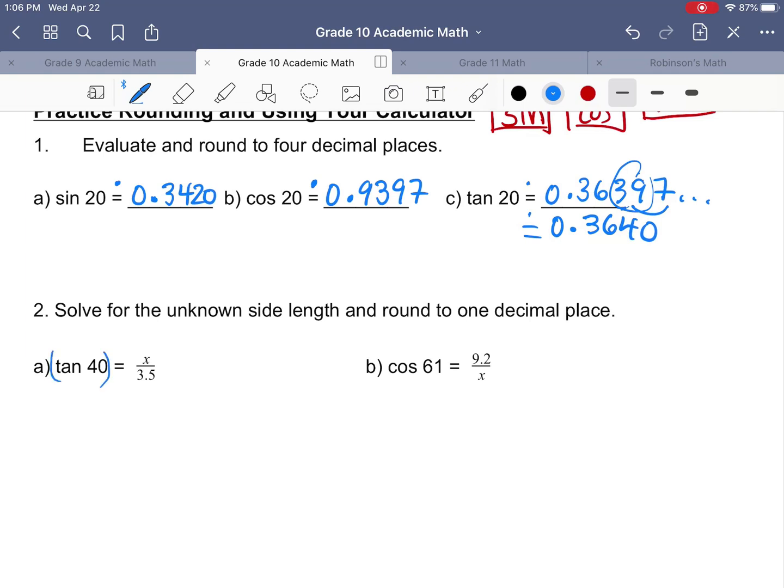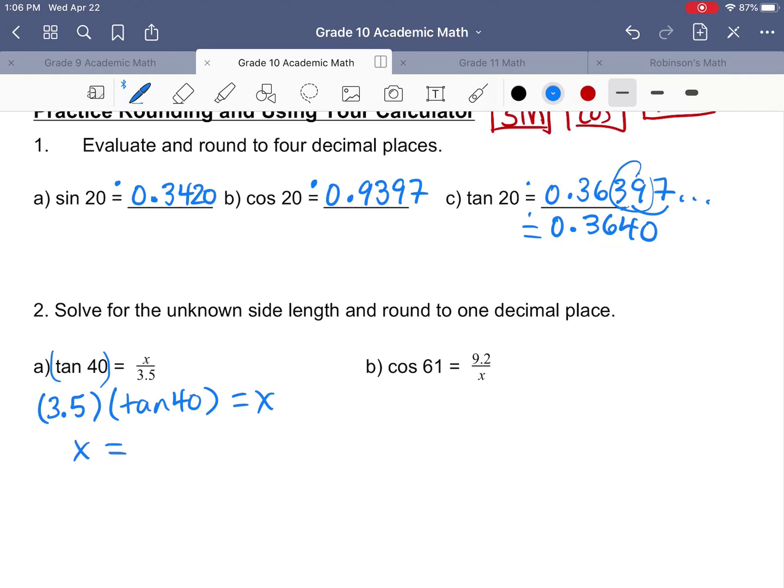So we have tan 40 is equal to x divided by 3.5. We want to find x. On the right-hand side, we have division, which means to get x by itself, we're going to do multiplication on the left-hand side. So we have 3.5 times tan 40 is equal to x. We want to do proper form and get x on that left-hand side.